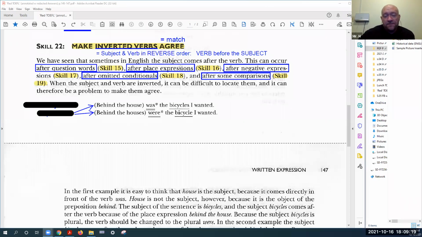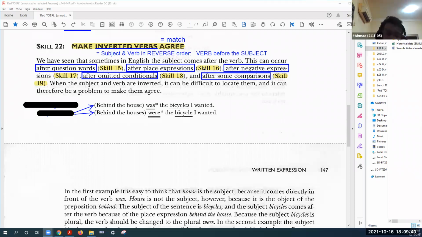What's the next one? After place expressions, skill 16. Can you remember this one? Place expression. What was the special rule, Ahmed, for place expression?